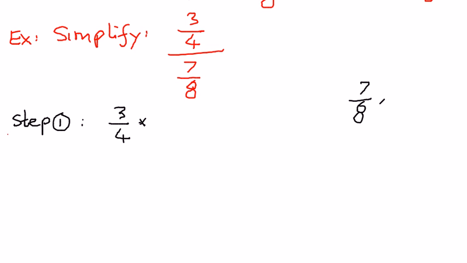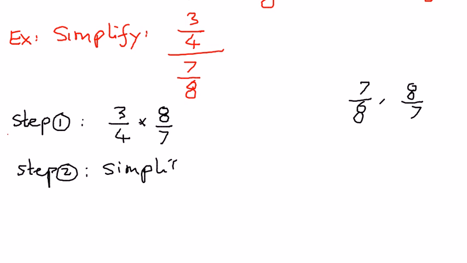The reciprocal of 7 over 8 is 8 over 7. In step 2, we're going to multiply the numerators, multiply the denominators, and then simplify.